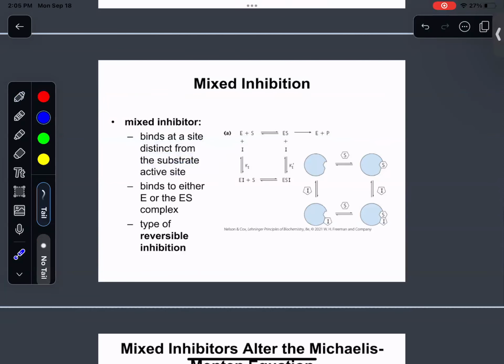What in the world? Okay, I thought we just talked about those two. I thought competitive binds to the enzyme and uncompetitive binds to the enzyme substrate complex. Oh, that's why they call it mixed inhibition. I see. So it's doing a little bit of everything, and it's getting a bit more complex now. Now we're really jumping into things.